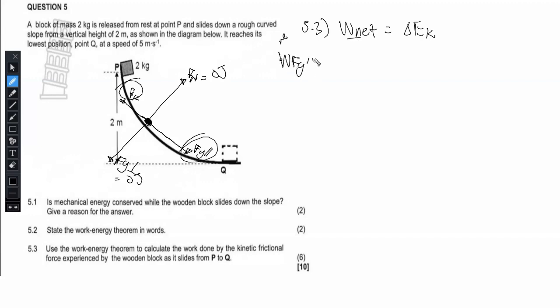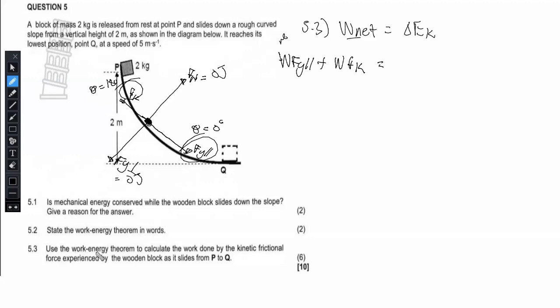Work done by FG parallel plus work done by FK. Again, here you don't have to subtract, right? You just have to add them up, even though they're acting in opposite directions. Remember, what speaks to FK acting in the opposite direction is the fact that theta will be 180 degrees. And what speaks to this being in the positive direction is that theta is 0 degrees. Then, okay, we have our change in EK there.